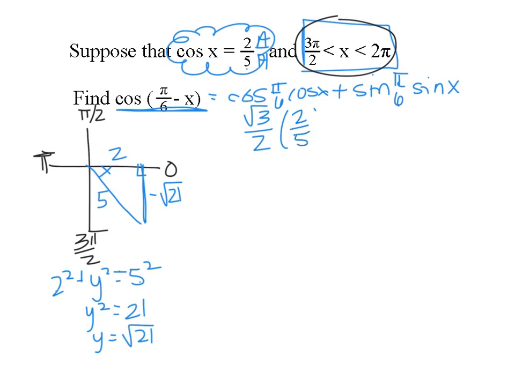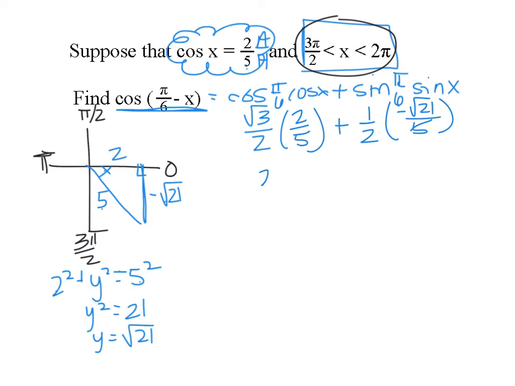That's what they gave us at the very beginning, up here. And then sine of pi over 6 is going to be 1/2. And then sine of x, we're going to use the triangle to get. Remember, sine is opposite over hypotenuse. So sine of x equals negative root 21 over 5.